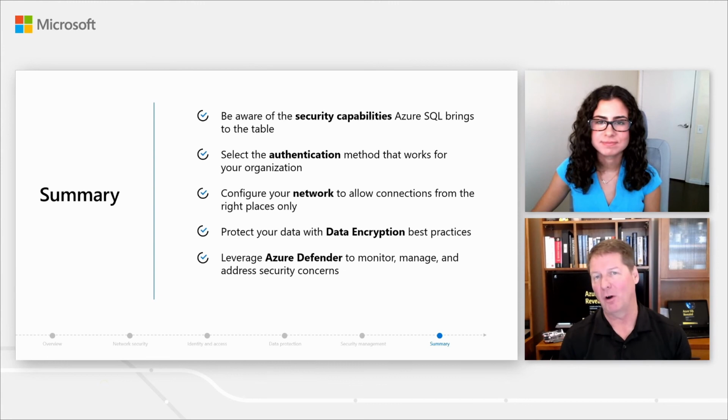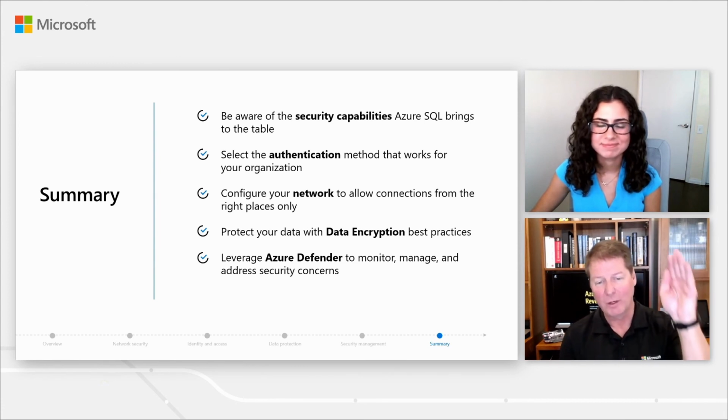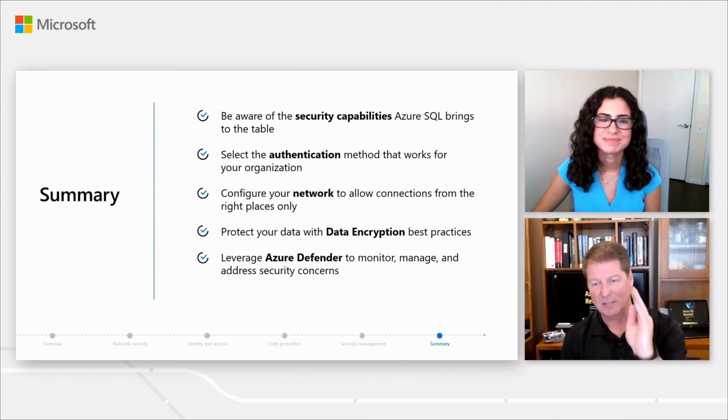Then look at the power of Azure Defender for SQL, everywhere. Set up those alerts. Monitor the Azure Security Center across all of your Azure assets. That is one of the powers Azure Defender brings to you. So we've done network security, identity and access, data protection, and security management. We've covered all these things to show you what the power of Azure SQL can bring for security.